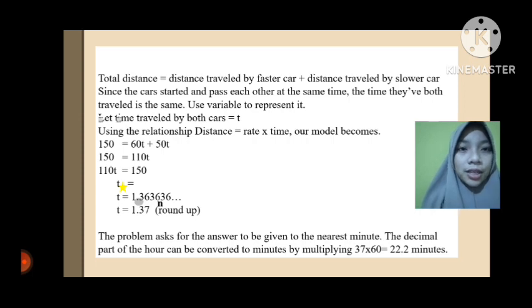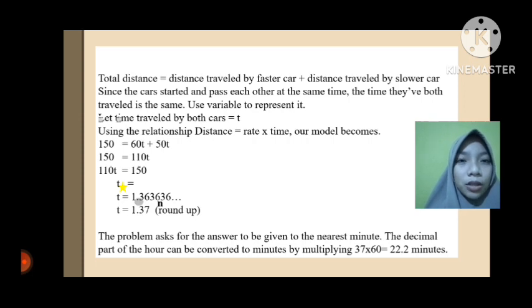Using the relationship distance equals rate times time, our model becomes 140 equals 60t plus 50t. 140 is equal to 110t.